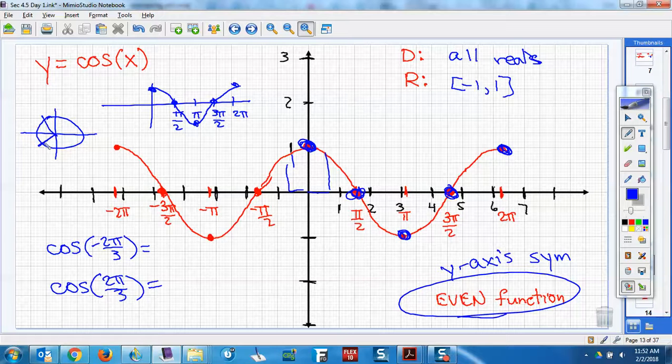Negative 2 pi thirds is down there. Well, look at that. That's where cosine is negative in quadrants 2 and 3. The x on those two triangles is going to be the same. So that happens to be negative 1/2 and negative 1/2. I believe I'm right on that. They're both negative 1/2.